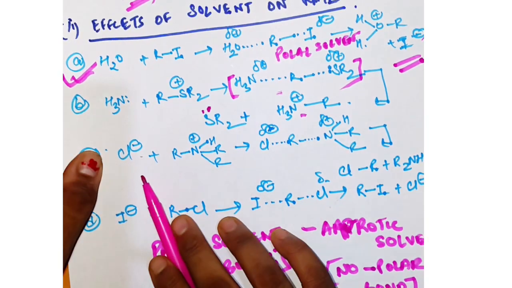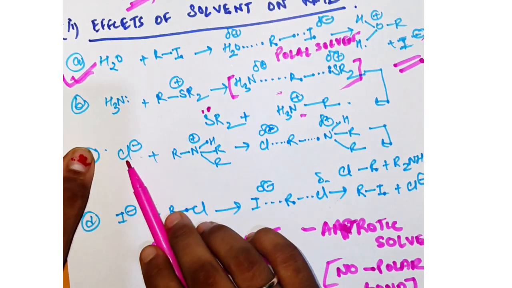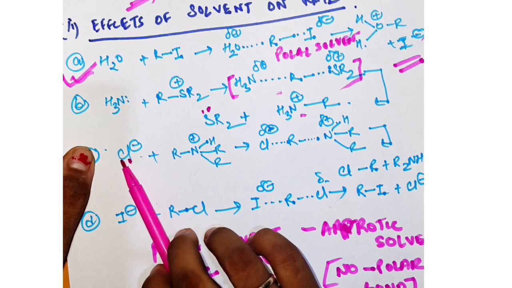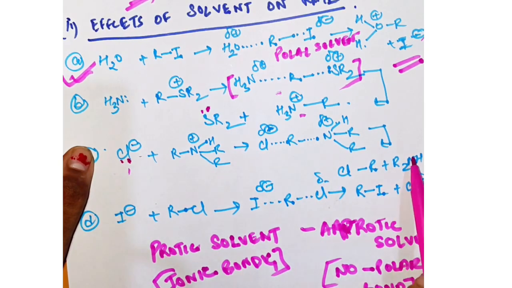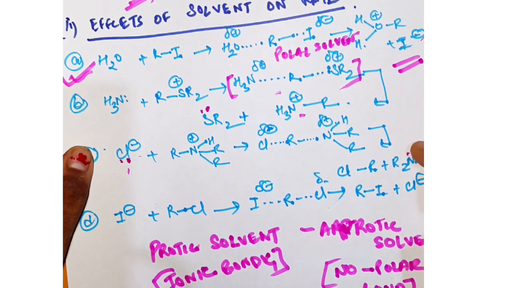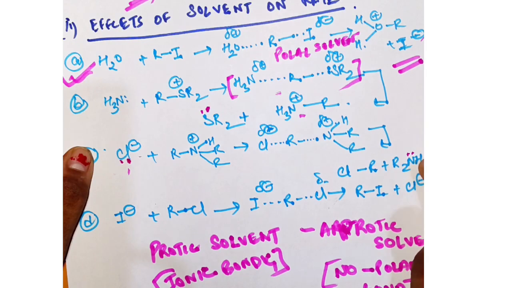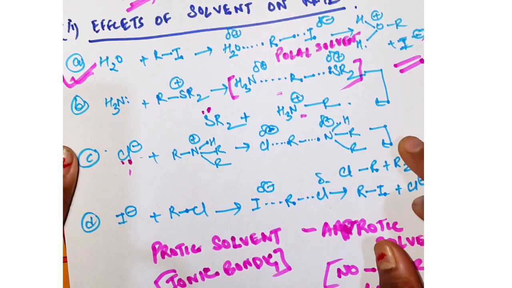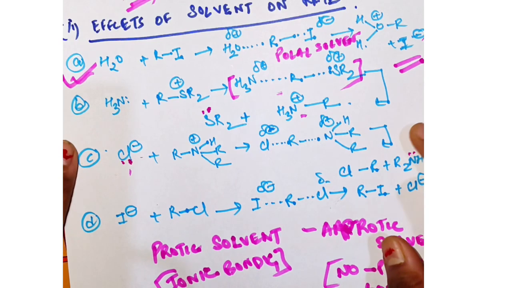In the next case, the anion is the attacking group and the group which is coming out is a neutral species. There is no requirement for hydrogen bonding or stabilizing the anion, so a polar solvent will not do much good. With non-polar solvents, the rate will be the same.